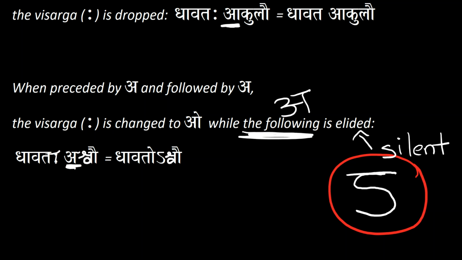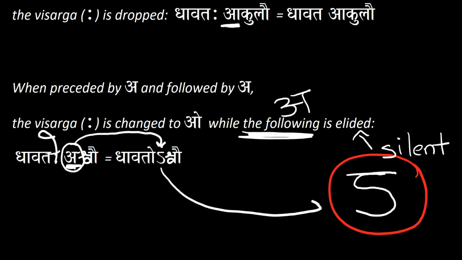So this Visarga is going to turn into an o, and this A here is going to turn into this elided sign that is here. And then these two words are going to be joined together to become dhavato shwau. And this elided sign is basically what I drew right here in the red. So dhavato shwau, not dhavato ashwau. Okay?